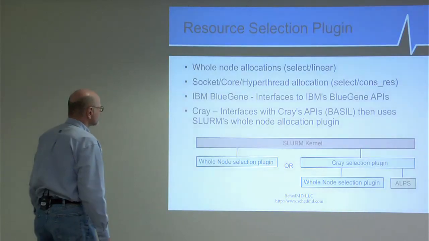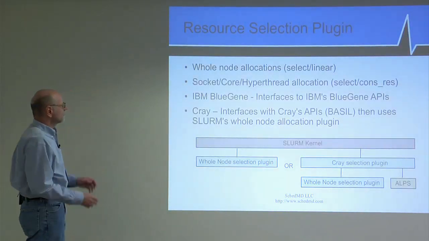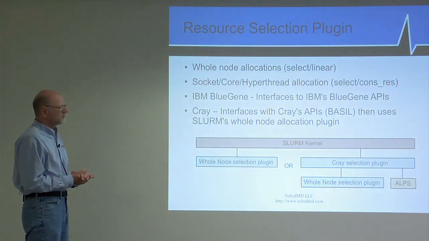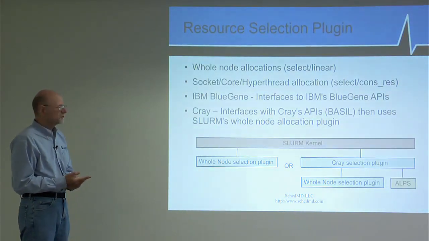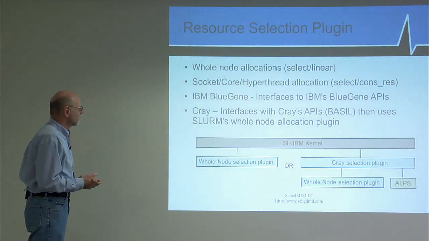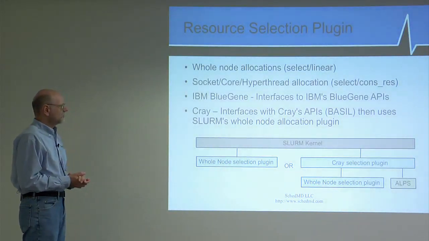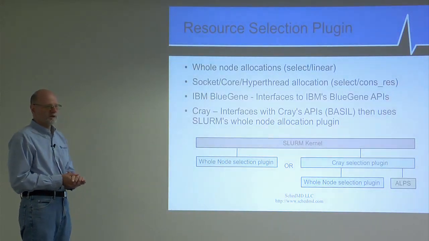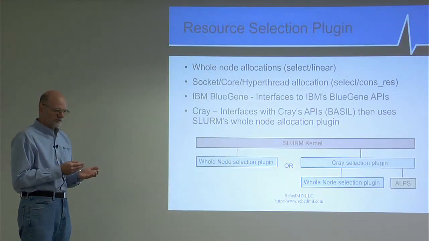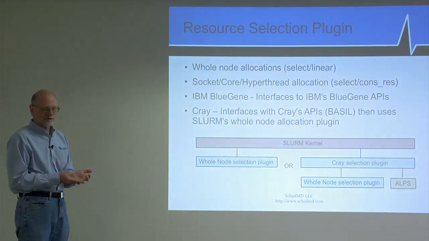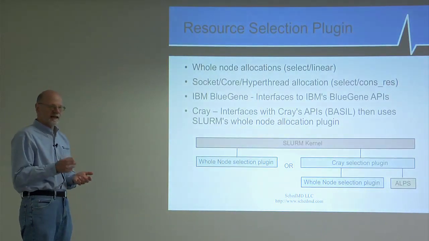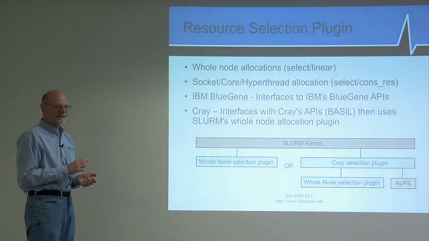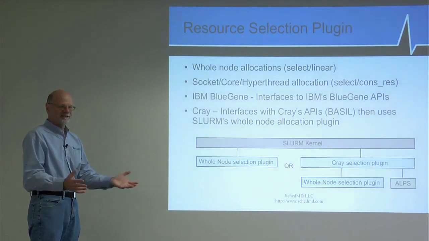Another example is a resource selection plugin, and there are several available. The first one we developed was to allocate whole nodes to jobs, which we called select linear. And HP had a need of allocating resources on a more fine-grained basis at the level of hyperthreads or cores or sockets. And they were actually able to do that with probably 90% of the code all in a single Slurm plugin.